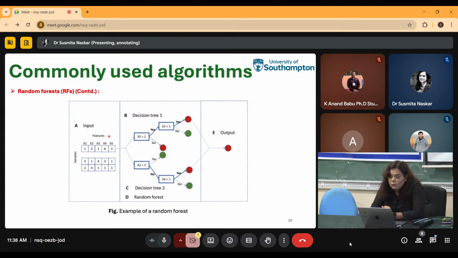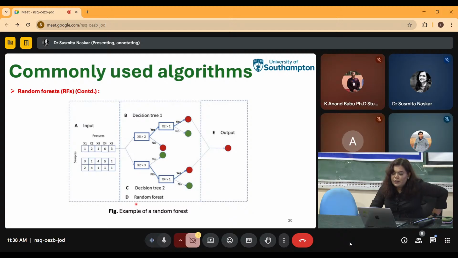Now if you move from B, C to D, D represents the random forest here. What it does is combine the predictions from decision tree 1 as well as decision tree 2. By aggregating their votes, the forest arrives at a stronger and more reliable prediction, right?